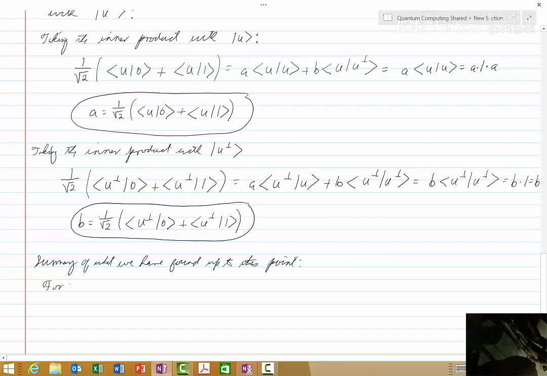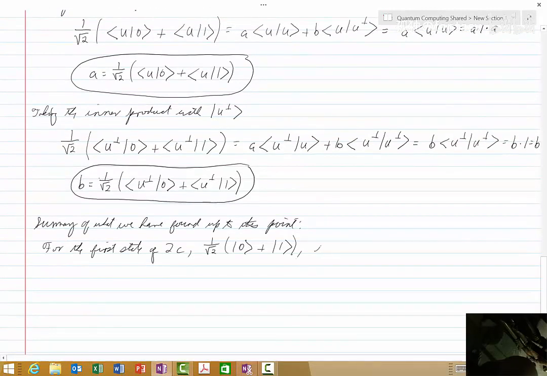It was said for the first state of 2c, and that is the state 1 over square root of 2 times the 0 ket plus the 1 ket.